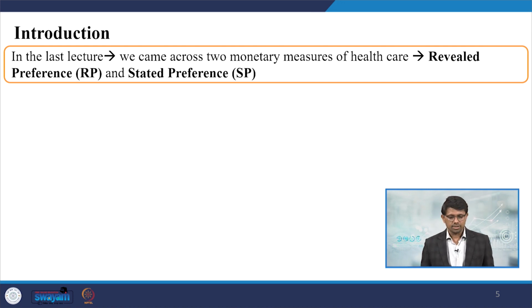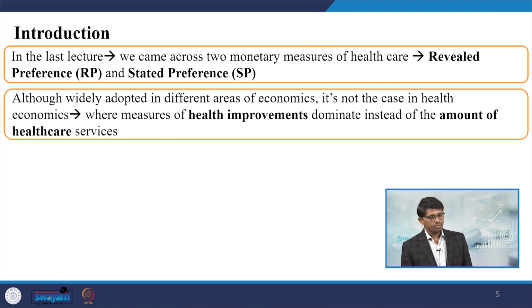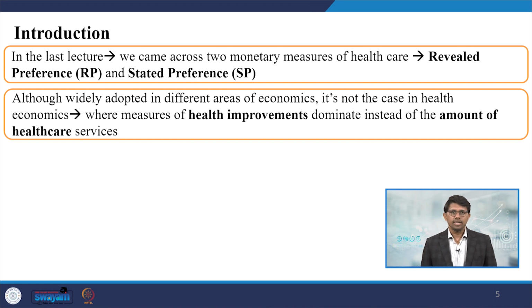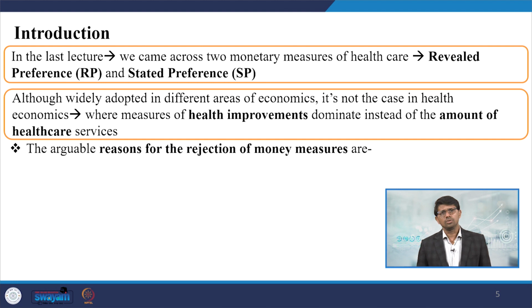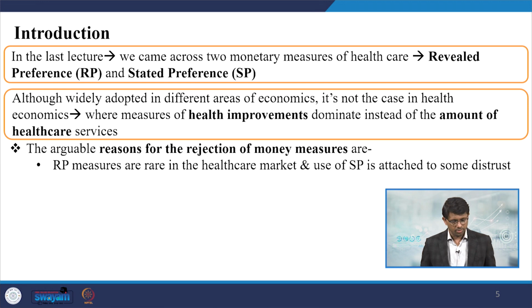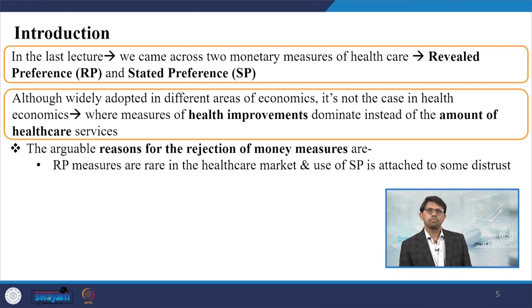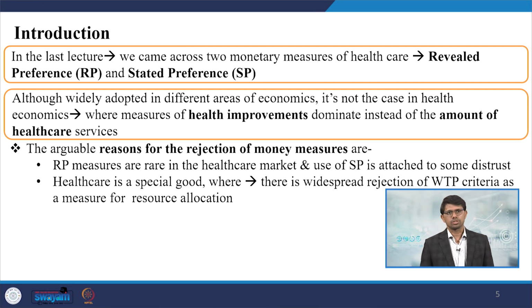In the last lecture we came across monetary measures of health, that is RP, revealed preference, and SP, stated preference methods. Although widely adopted in different areas of economics, this is not the case in health economics, where measures of health improvements dominate instead of the amount of healthcare services. The arguable reasons for this rejection of monetary measures include that revealed preference measures are rare in the healthcare market, and the use of stated preference is attached to some distrust.